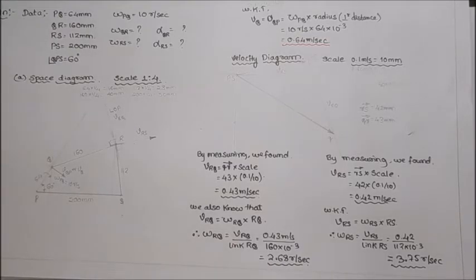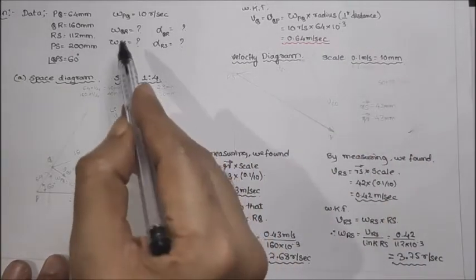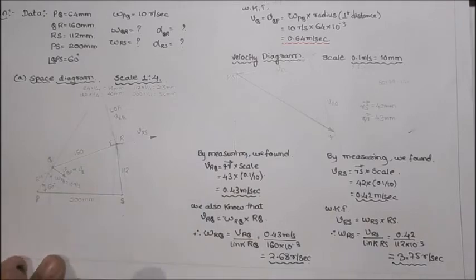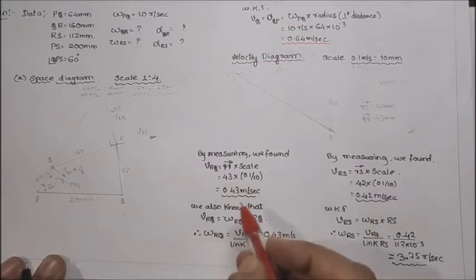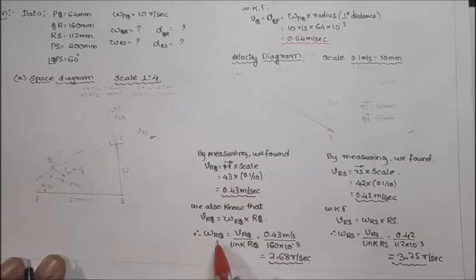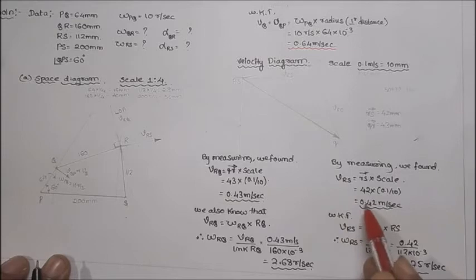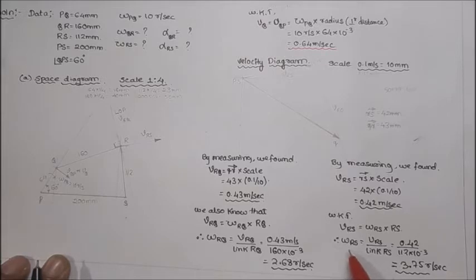So using this velocity, we can find out the angular acceleration. So here we got 4 important values. One is velocity of r with respect to q, here angular speed of r with respect to q is 2.68. Then we got velocity of r with respect to s, 0.42 meter per second, and angular velocity, that is r with respect to s, that is 3.75 radians per second.